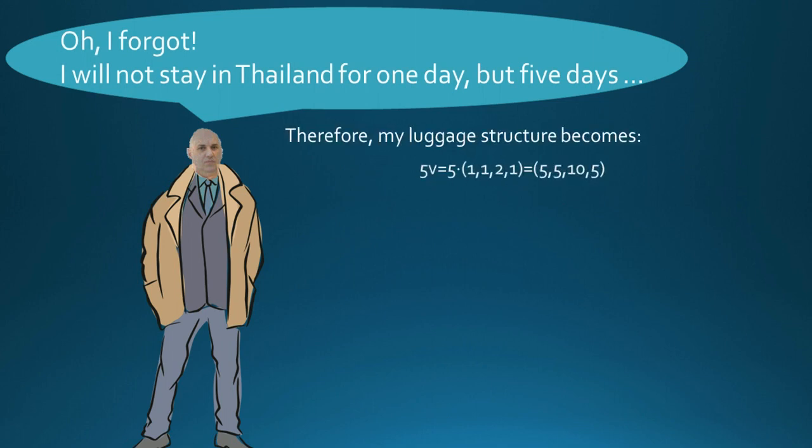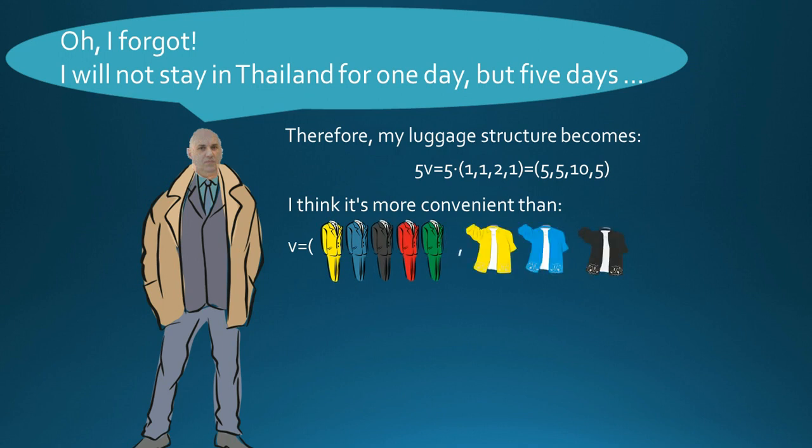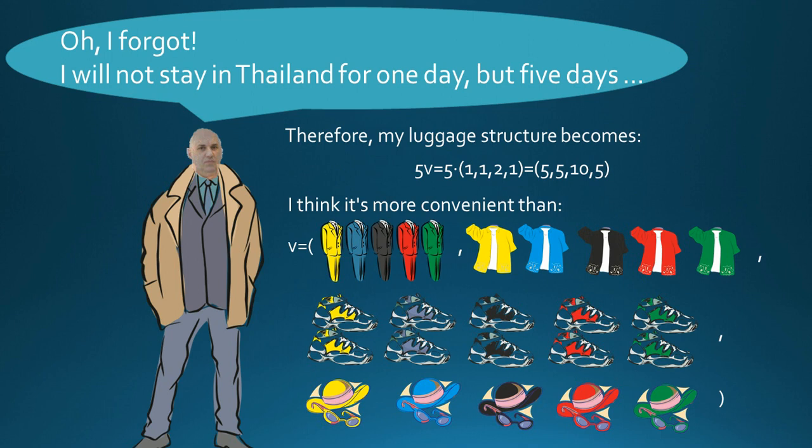I will not stay in Thailand for 1 day, but 5 days. Therefore, my luggage structure becomes 5V = 5 · (1, 1, 2, 1) = (5, 5, 10, 5). I think it's more convenient than writing V as you see on the screen.